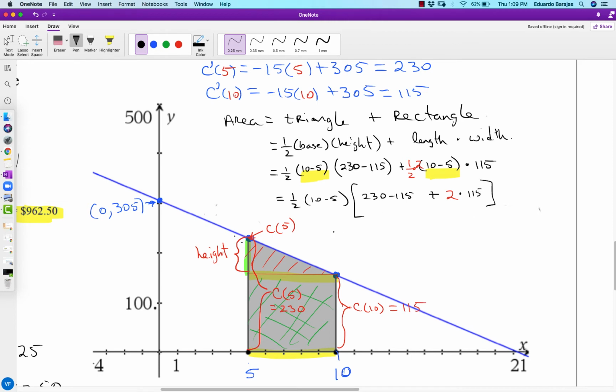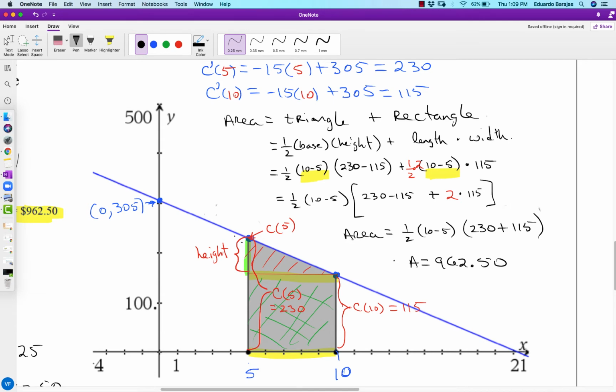Okay, so this just simplifies as follows. The area then becomes equal to 1/2, 10 minus 5 times 230 plus 115. And after a little bit of work, we see that that area is going to be equal to 962.50.